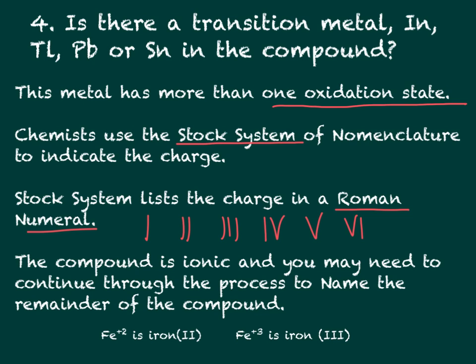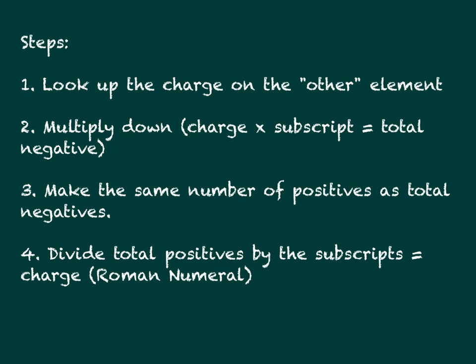So for example, Fe2+ is iron(II). Okay, so the Roman numeral 2 matches the charge of 2 on the ion. Fe3+ is iron(III), and again, the Roman numeral 3 matches the charge of 3 on the ion. So how do we know what the charge is going to be on the ion?